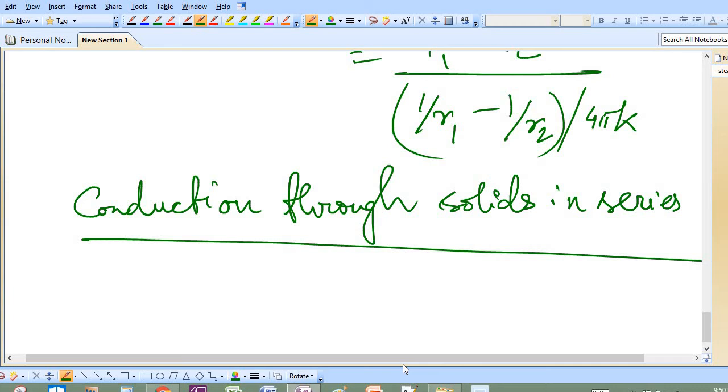So, plane walls in series. So we are having, okay, the example of plane walls in series.